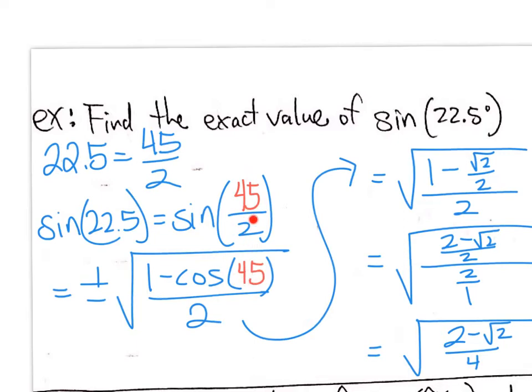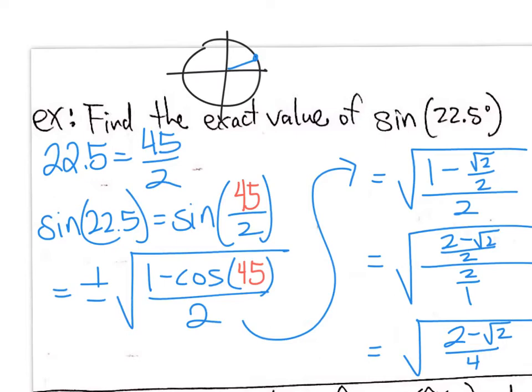Using the half angle identity, sine of u over 2, we have plus or minus the square root of 1 minus cosine of 45 degrees over 2. And so we still have this plus or minus, all right? When you think about a 22.5 degree angle, it's about right here, okay?